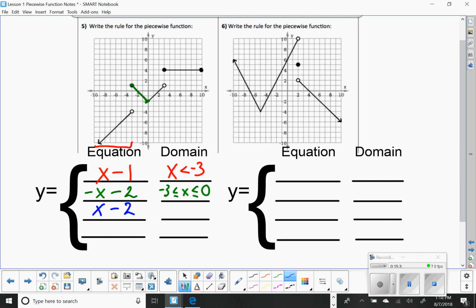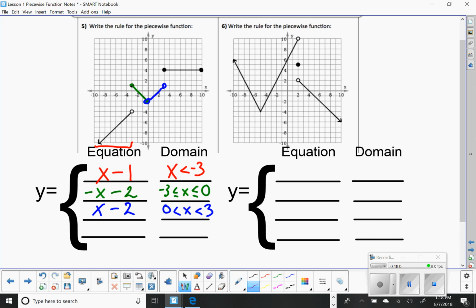Well, it's got an open point here, goes up to an open point here. So 0 is less than x is less than 3. When you've got an open on top of a closed, closed wins. So when I write it, either this one's got to be less than and this is less than or equal to, or vice versa. They can't both be equal because you can't apply it to both.